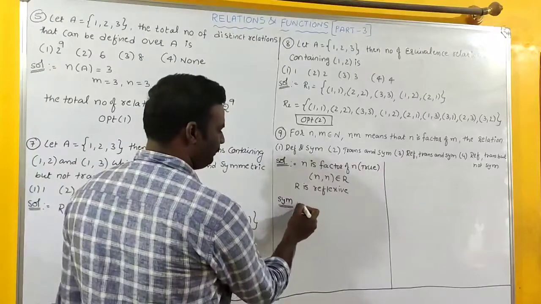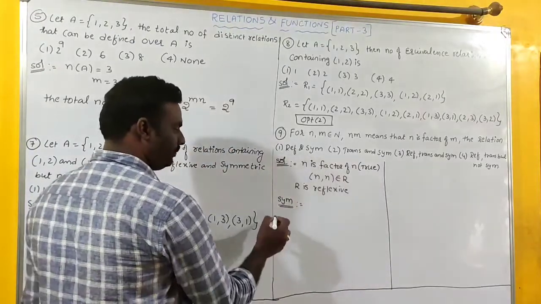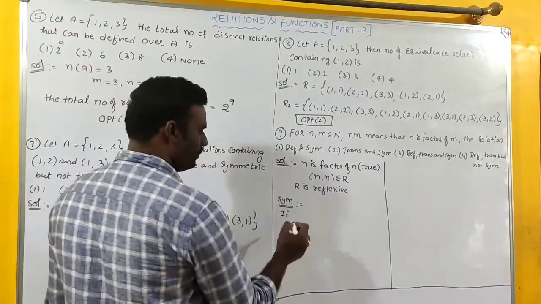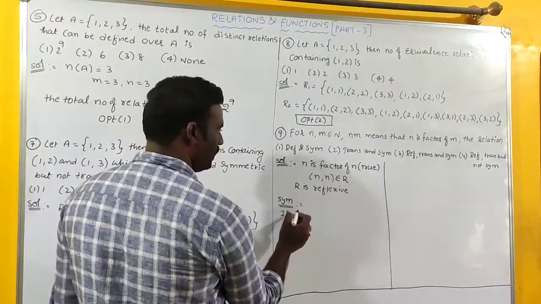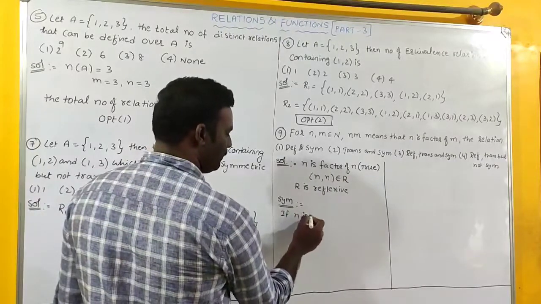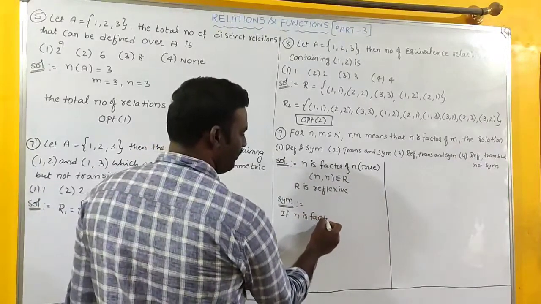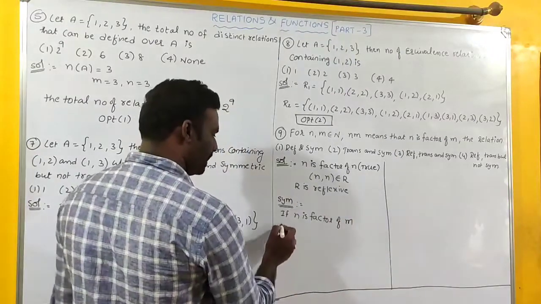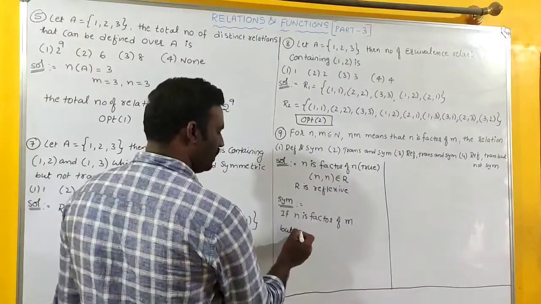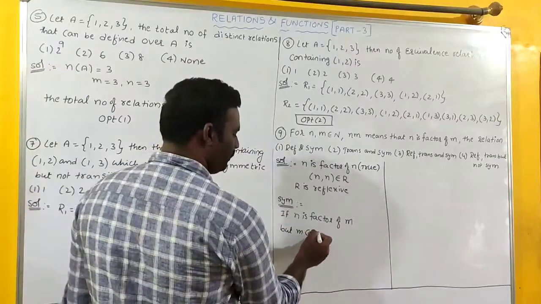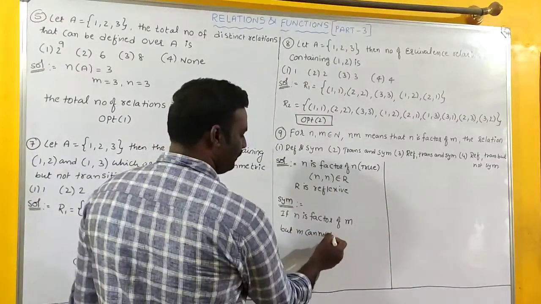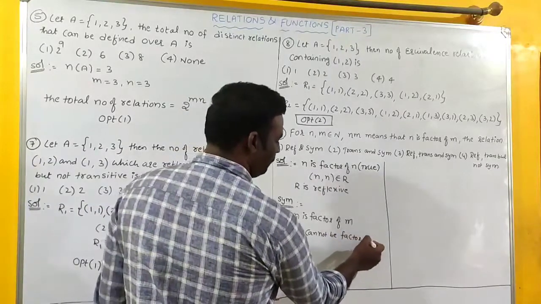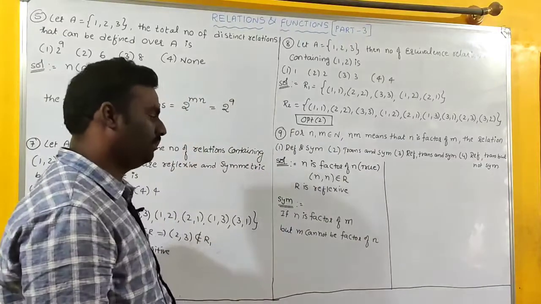Next, I will check symmetric. If n is a factor of m, but m cannot be a factor of n. Why?